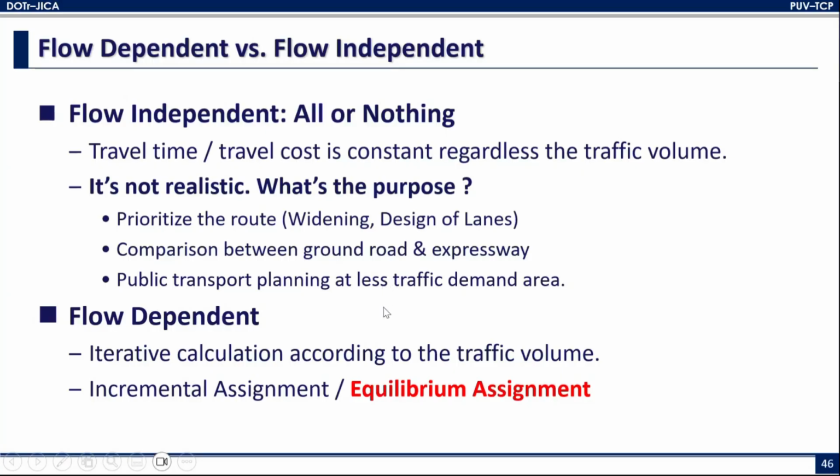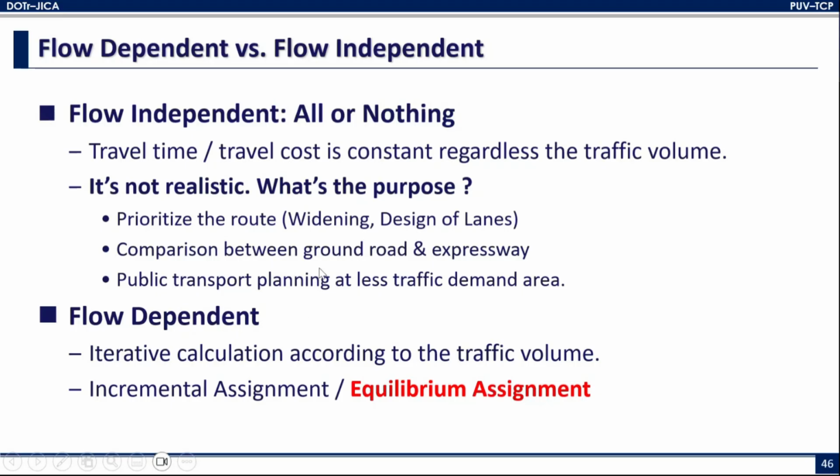What's the purpose of utilizing all or nothing? It is just to prioritize the routes and to compare between ground roads, expressways, and public transport in the planning stage.